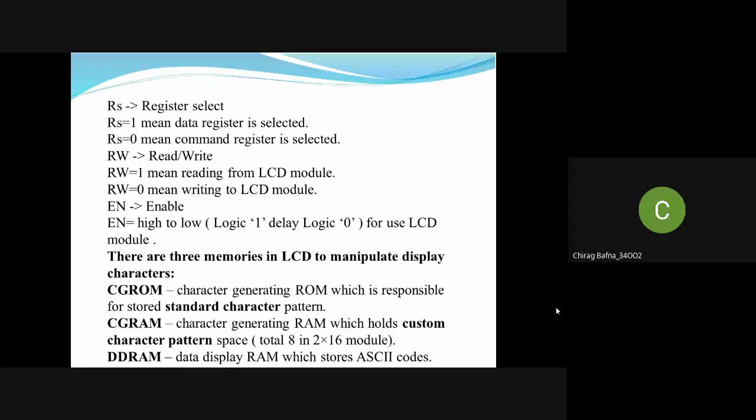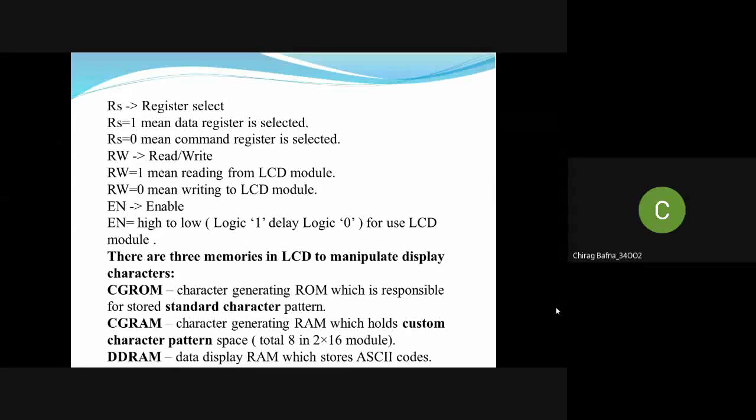When RW equals 1, that means it reads the data from the LCD module, and when RW equals 0, then it writes to the LCD module. EN is the enable, which goes from high to low logic. Logic equal to 1 and then delay, logic equal to 0, to use the LCD module.